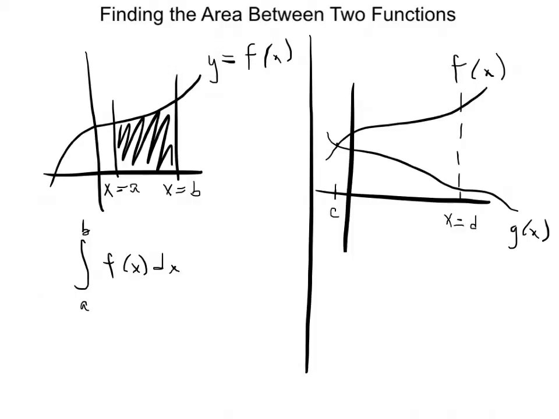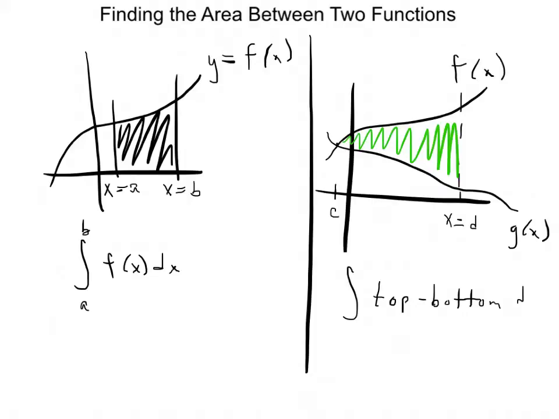The lesson today is about how do I find the area of the region that's in between f and g, that region there. And very briefly to start the lesson, the answer is that we do the integral of the top function minus the bottom function, dx.